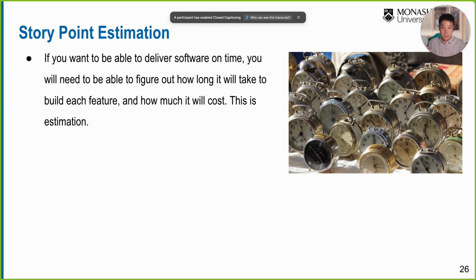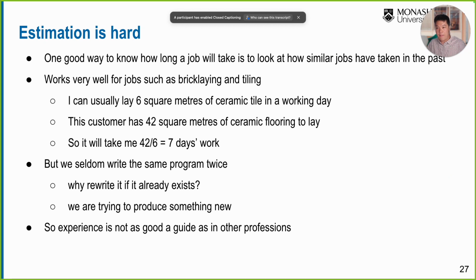Because within the sprint, within the project, we have a limited budget. If you don't estimate how much each feature will take, you may not be able to complete the implementation of all of the features within the time budget.